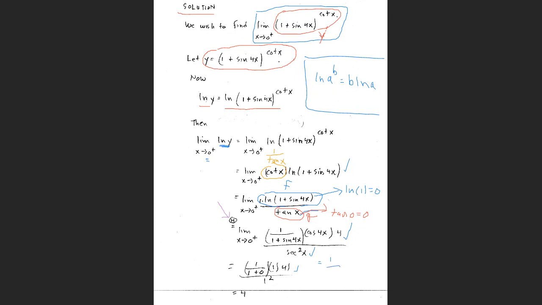So we're going to have 1 over the sine of 4 times 0 times the cosine of 4 times 0 times 4, all divided by secant squared of 0.